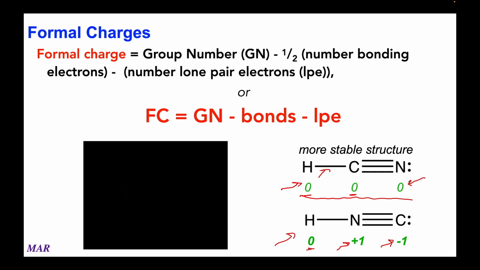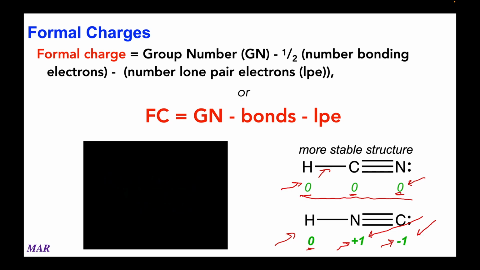But here's why chemists think that hydrogen cyanide, the top one, is more stable than hydrogen isocyanide, the bottom one. You have more positive ones and negative ones in this molecule than you do in the hydrogen cyanide. All of those are 0, and the bottom ones are negative. So the positive one, negative ones in the lower structure, those are like beacons, if you will.